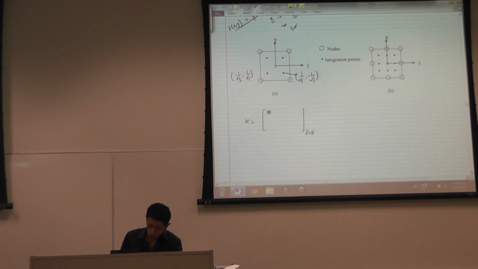For each entry, I need 4 calculations, because I need to calculate this entry at this point, and then this entry at this point, this entry at this point, and this entry at this point. And so I get 4 calculations, each multiplied by its weight. Added together, you make the stiffness matrix without actually doing the integration. You're doing a numerical integration.